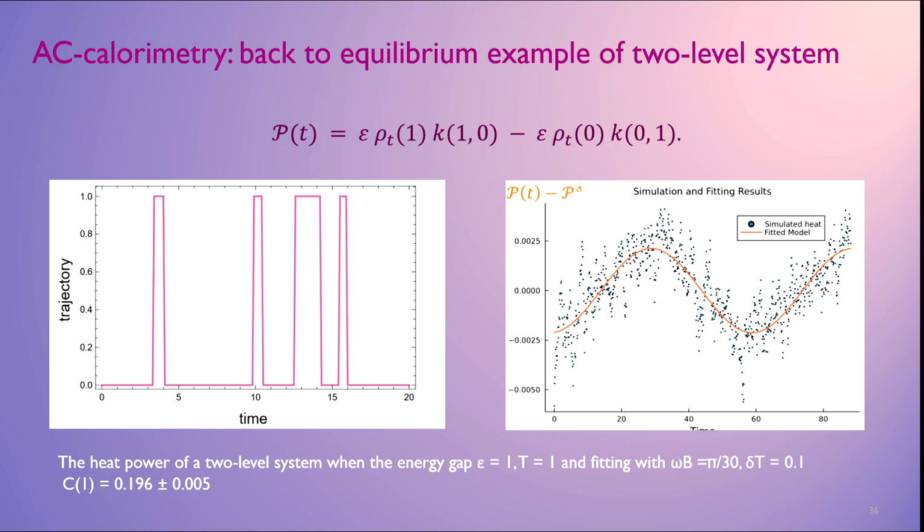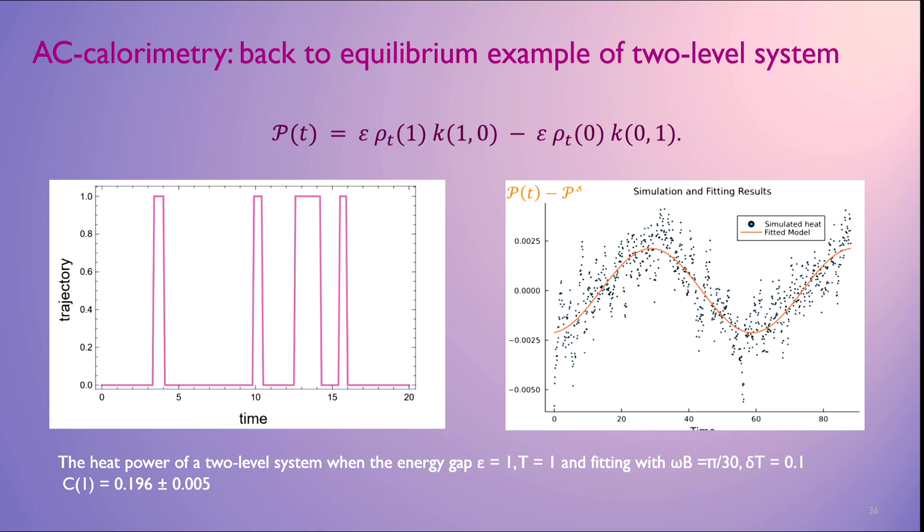It's just very random. This is a simulation. And I did the simulation for many, many particles to take the average. And then I plot the heat of the system, and then I fit it with the formula that I had. And the cosine coefficient is the heat capacity.